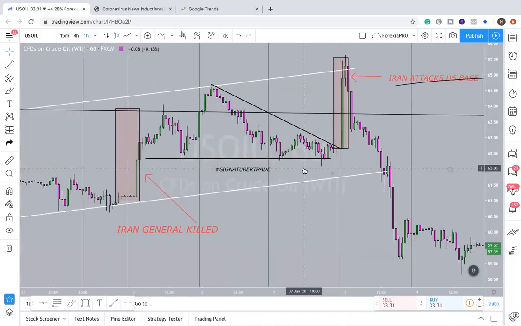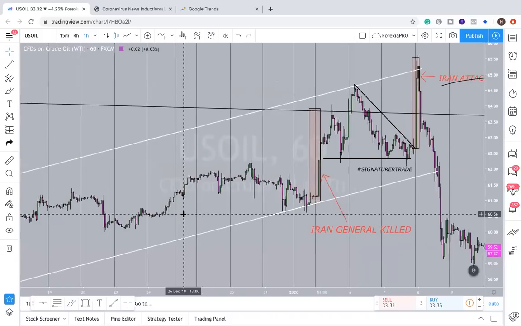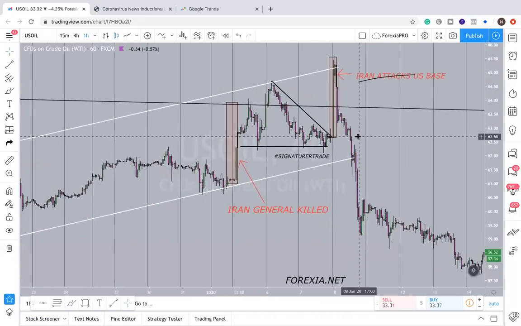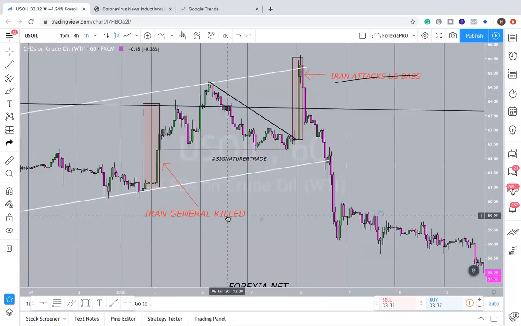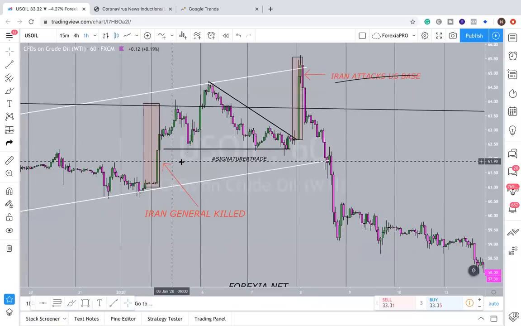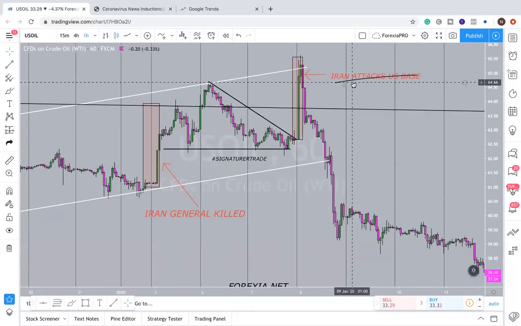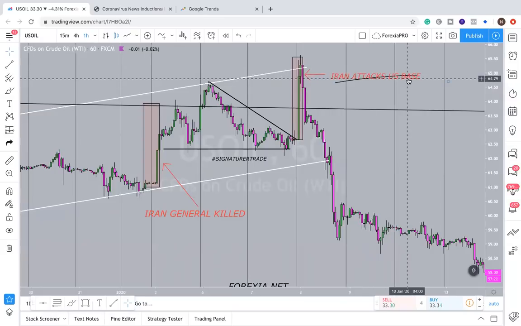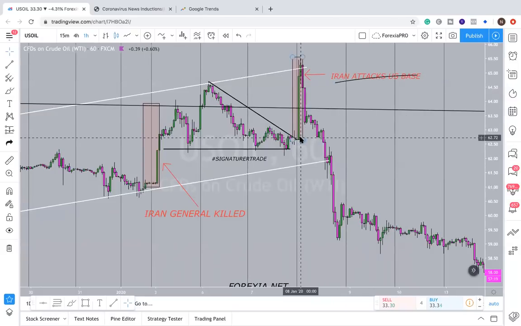Okay, how about this? This massive uptrend, right? The Iranian general is killed, and U.S. oil spikes up to the upside. Now, Iran attacks a U.S. base, and the market spikes up again?